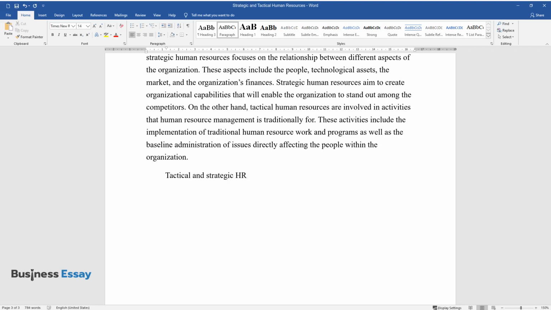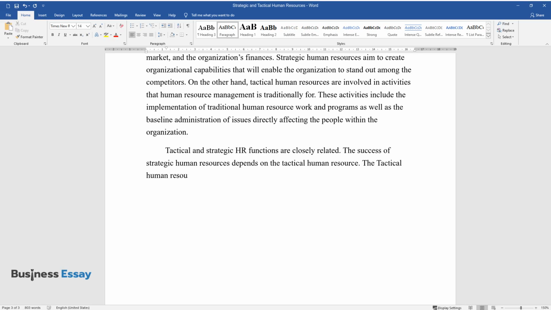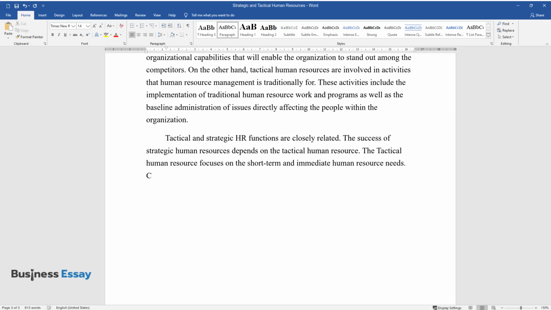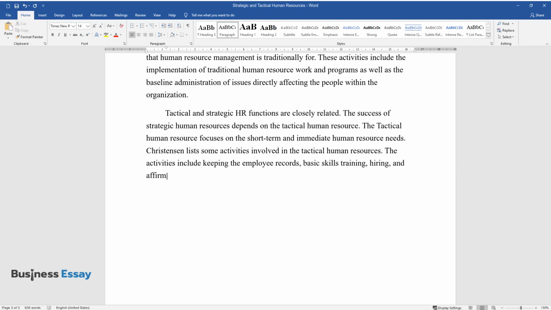Tactical and strategic HR functions are closely related. The success of strategic human resources depends on the tactical human resource. The tactical human resource focuses on the short-term and immediate human resource needs. Christensen lists some activities involved in the tactical human resources. The activities include keeping the employee records, basic skills training, hiring, and affirmative action reporting.